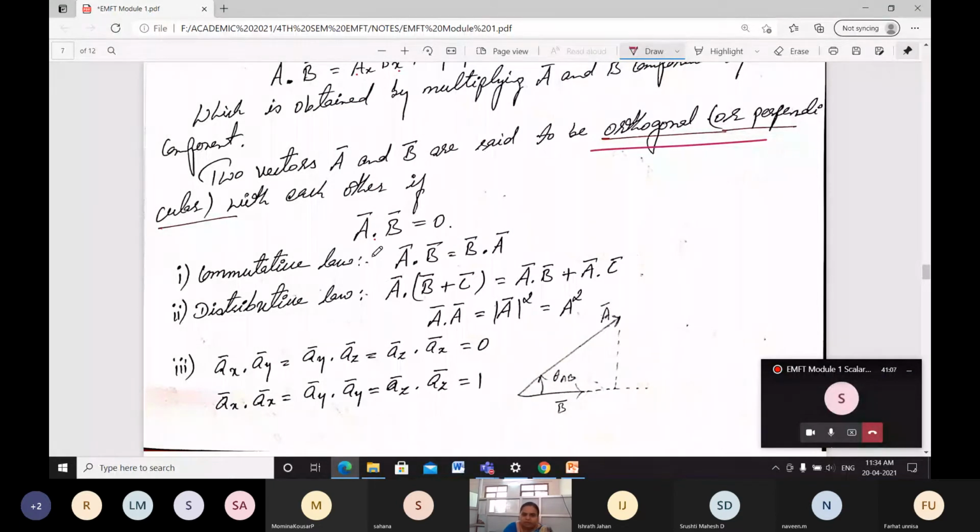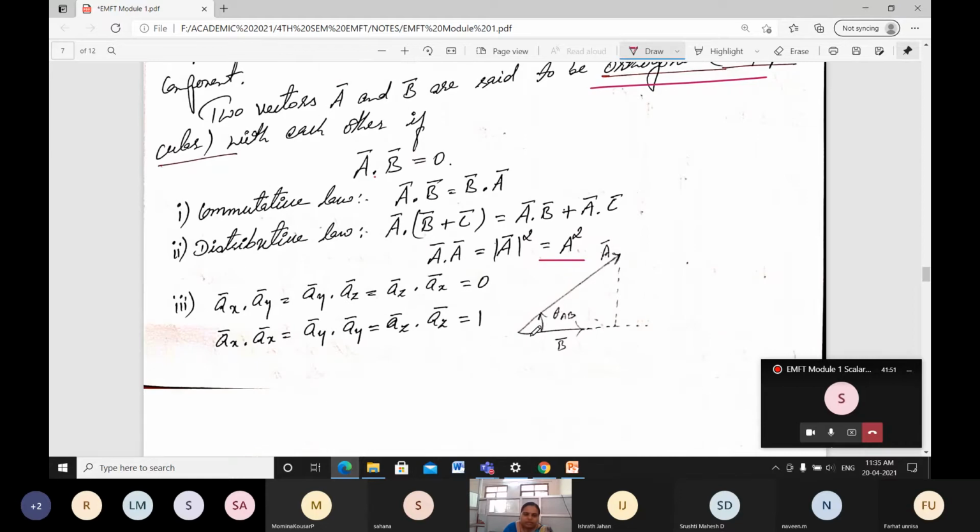The dot product satisfies the commutative law, that is vector A dot vector B is equal to vector B dot vector A. About the distributive law, vector A dot vector B plus vector C is equal to A dot B plus A dot C. Then vector A with itself, A dot A, the mod of A whole square, is nothing but A square, a scalar quantity.